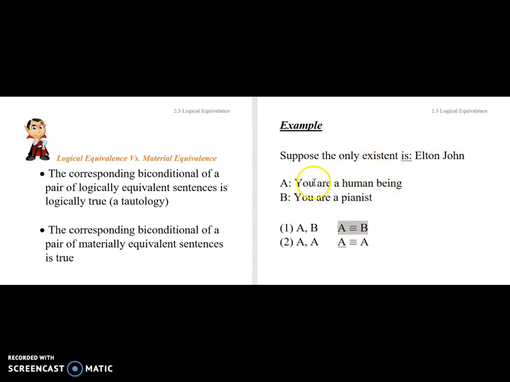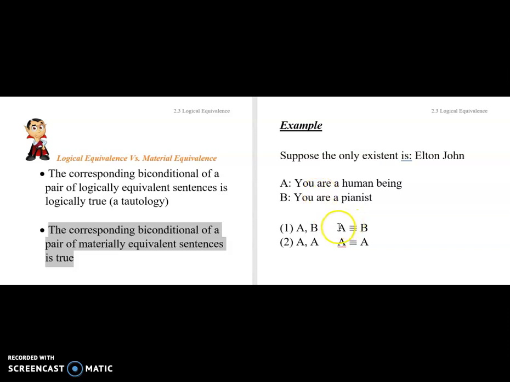Because if you're a human being, then you're a pianist, right? In this circumstance, if that's the only thing in the world, if you're a human being, then you're a pianist, is true. Also, if you're a pianist and the only thing in the world is Elton John, then you're a human being. So this turns out to be true. This is a true sentence, and therefore A is materially equivalent to B in this situation.